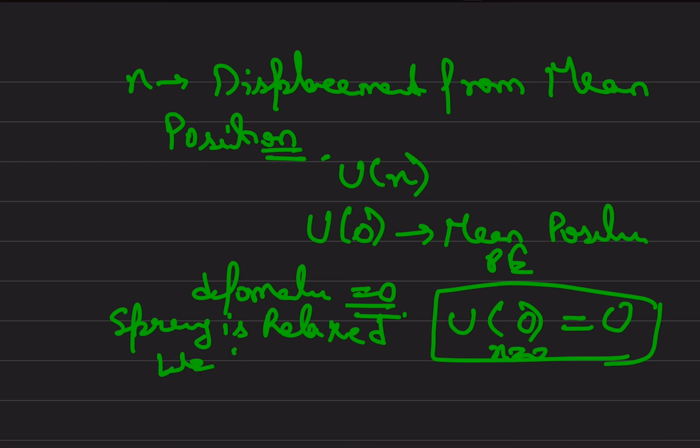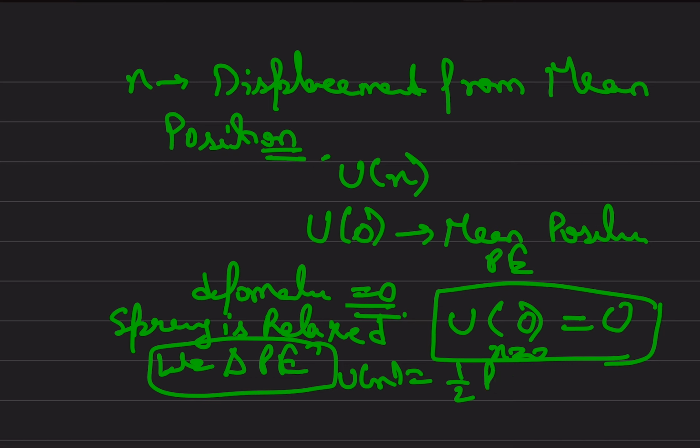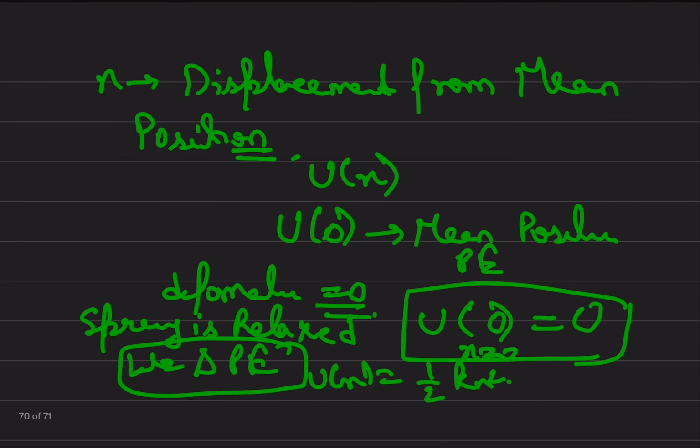So we applied work done equals change in potential energy, and found that potential energy at x will be half kx square. Potential energy at x equal to 0 came out to be 0, and potential energy at x is now half kx square.